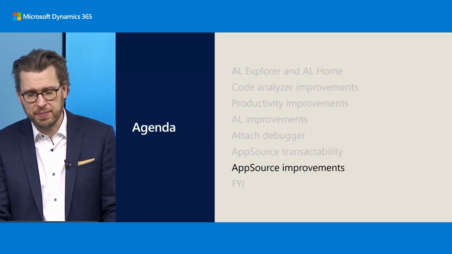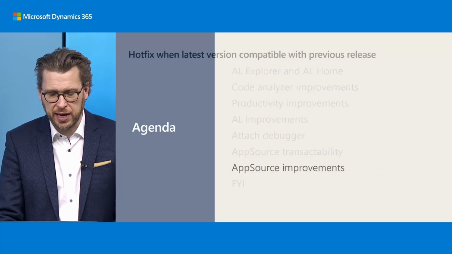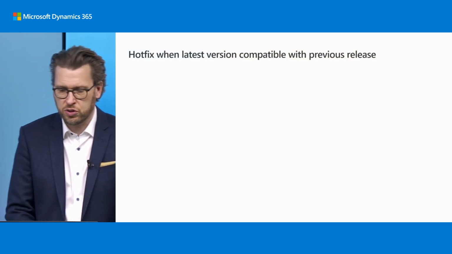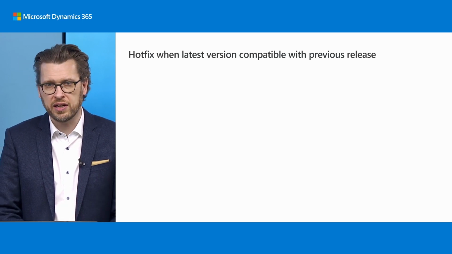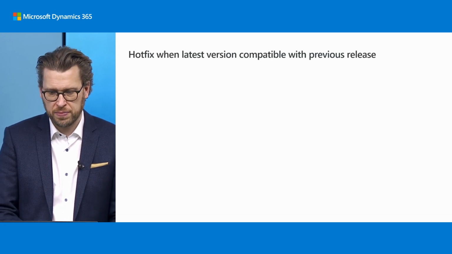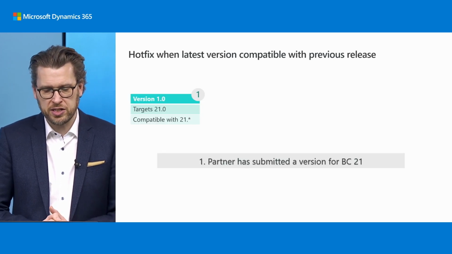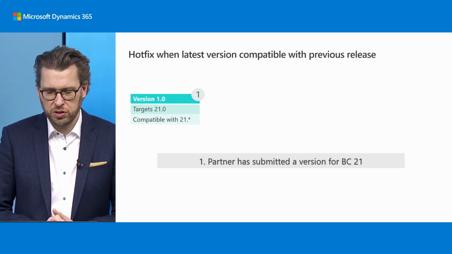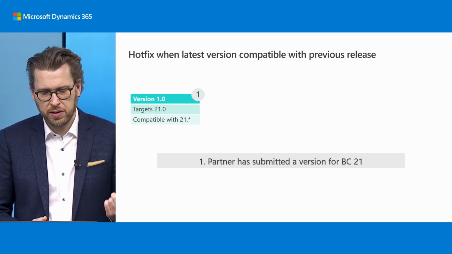But since we are talking about AppSource, let's talk about some of the improvements we've done to the existing AppSource processes. So the first one is how we support hotfixing your apps. Now, in this first scenario, let's imagine that you have submitted a version for Business Central version 21. So this is your app here that's compatible there.